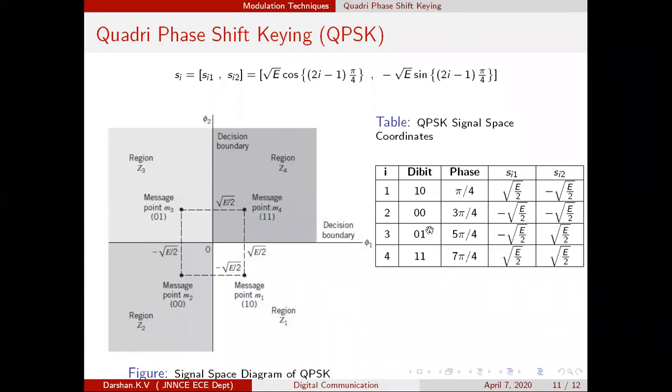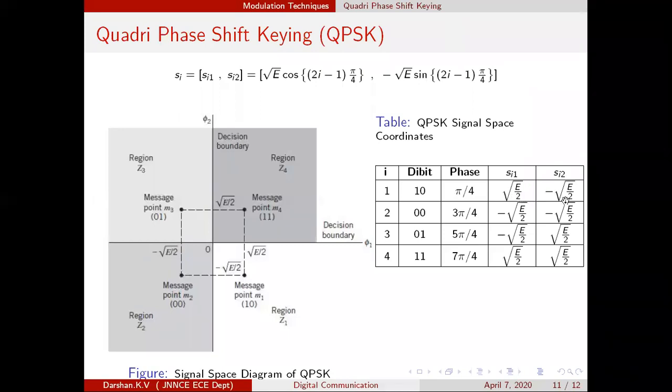Over here, you want to represent signal S1 of t or vector S1 in this diagram. How will you write it? S1 corresponds to dibit 10. If you substitute i equal to 1, you are going to get root E by 2, minus root E by 2. So this is the coordinate of the first signal point.